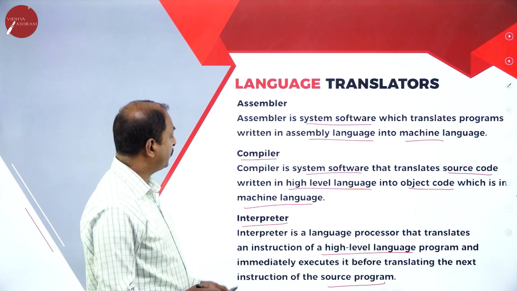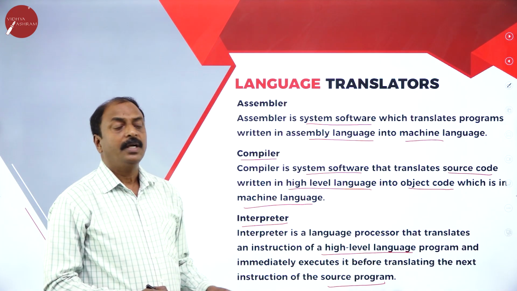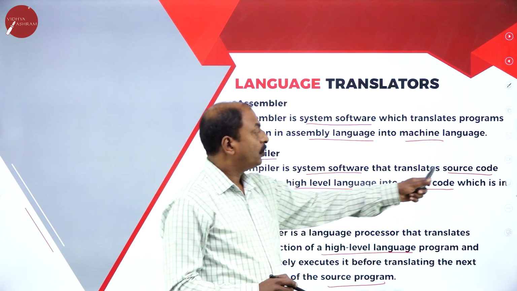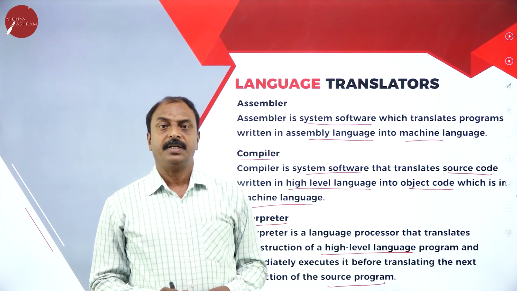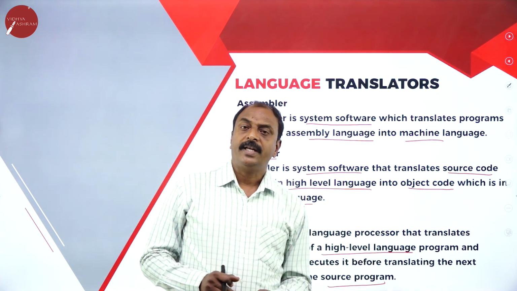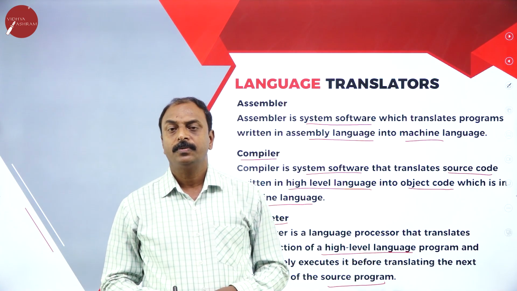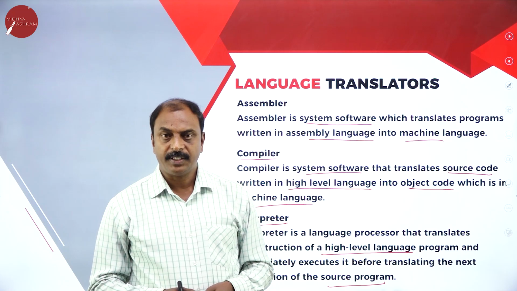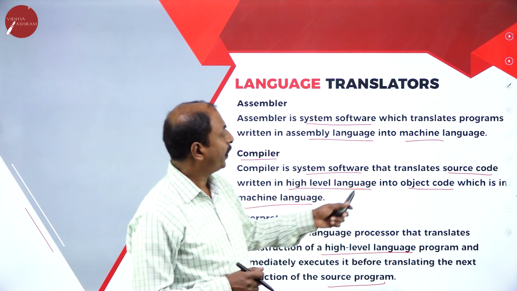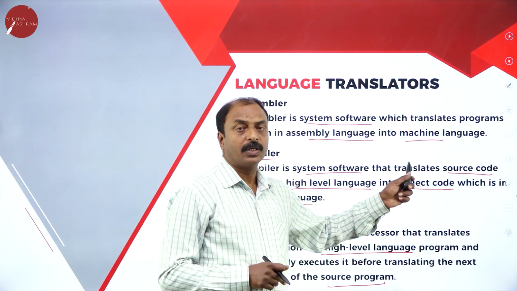But what is the difference between these two? In a compiler, the source code, whatever program is written in high level language, is converted all at once into machine level language. That means at one time it converts all the code.